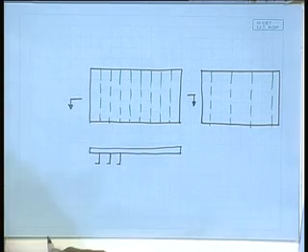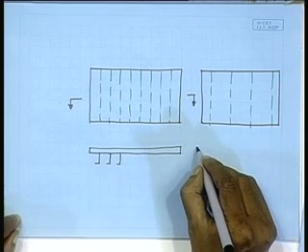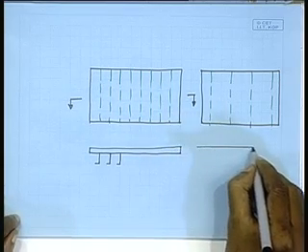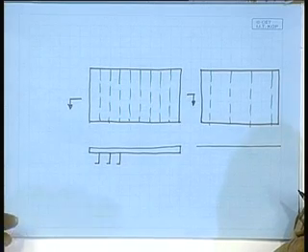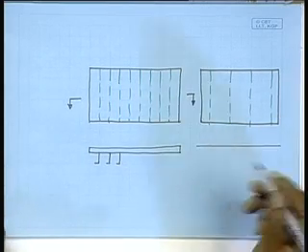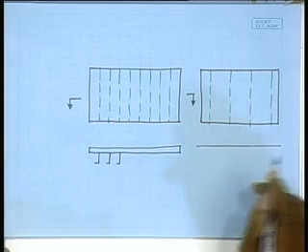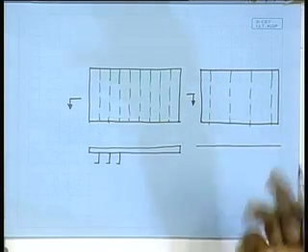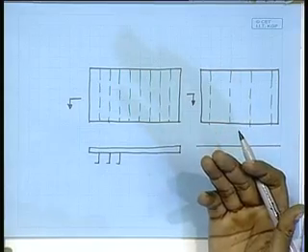Say it is going like this. What would be the difference? Definitely, it will be spaced far away. Scantlings will be higher. Simply, scantlings ought to be higher, isn't it?